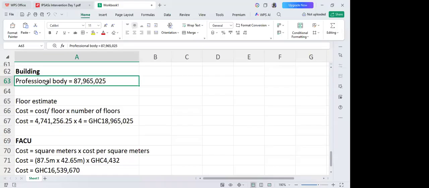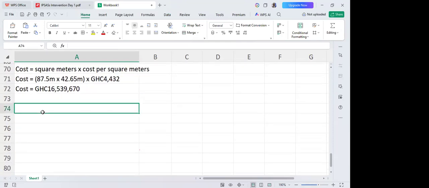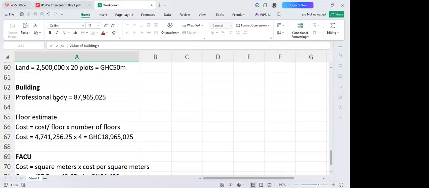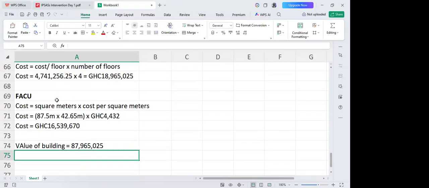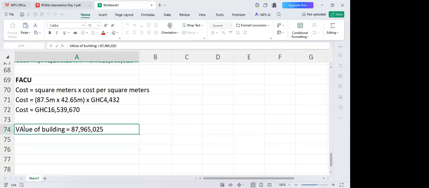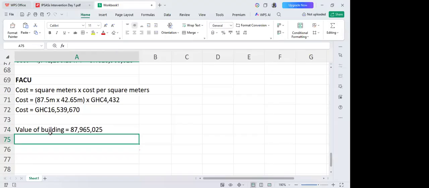So our value of our building will be 87,965,025.